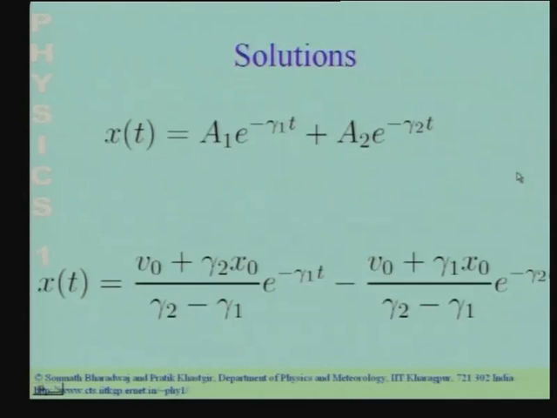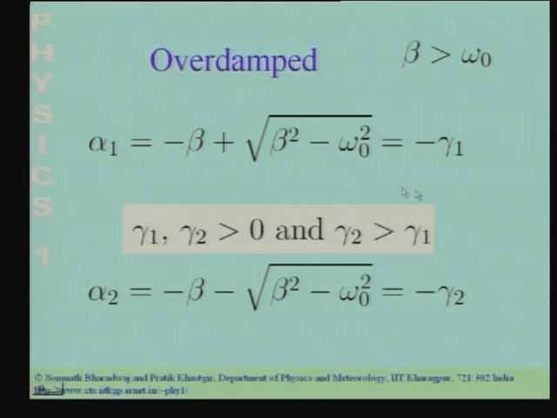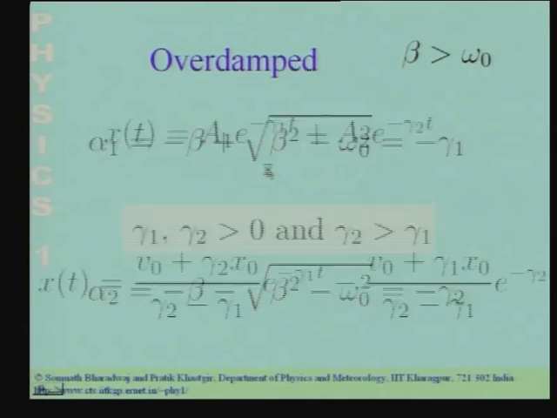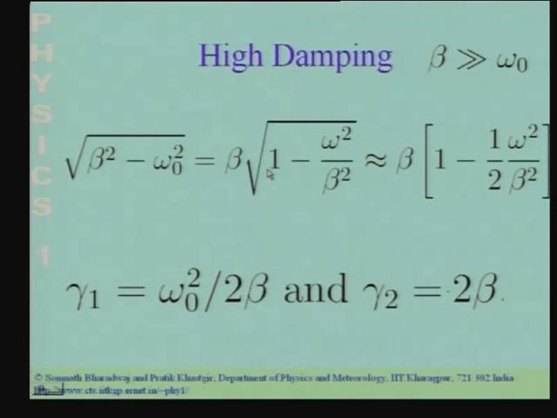If you put this into the expression for the two roots, then you find that when you calculate gamma 1, the beta term will cancel out with minus beta and you are left with omega naught square by 2 beta. And the leading term in gamma 2 is 2 beta, so the other term can be dropped. So, the two roots now are omega naught square by 2 beta and 2 beta.